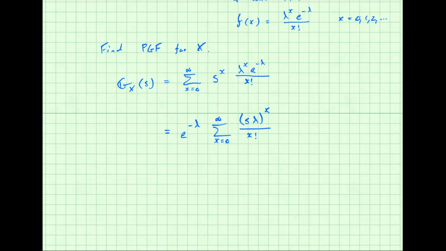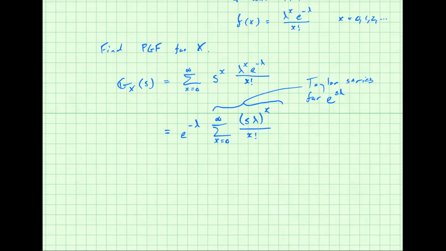Now, if you stare at that for a while and ask yourself what it is that you're actually seeing here, I want to point out this thing here. This is the Taylor series for an exponential, e to the s lambda. So that's what that quantity is.